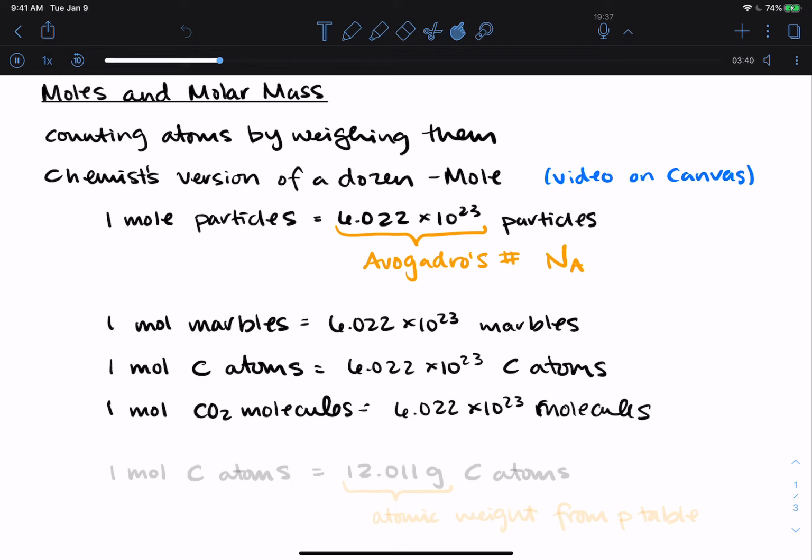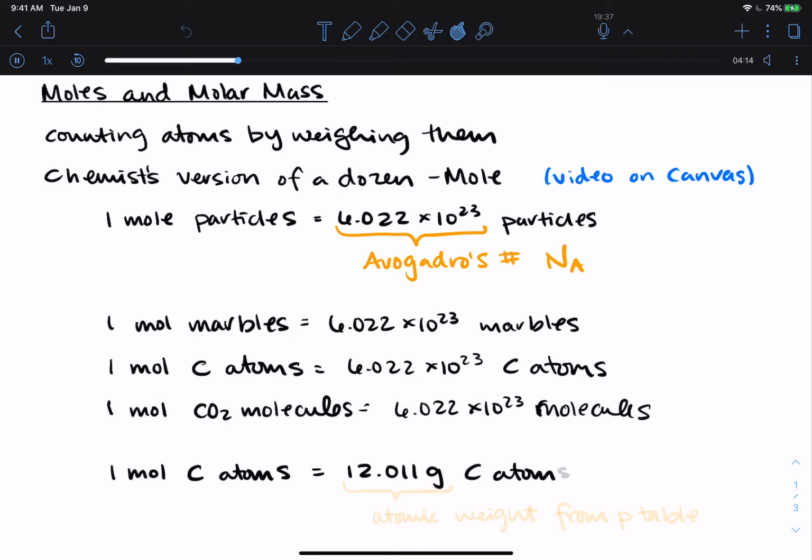And so, okay, we've got the counting part. The question is, where does the mass come in? So the mass comes in because 1 mole of carbon atoms, for example, if you have a sample that has the same percent natural abundances that you would find in the representative sample that we talked about when we talked about isotopes, it would weigh 12.011 grams.